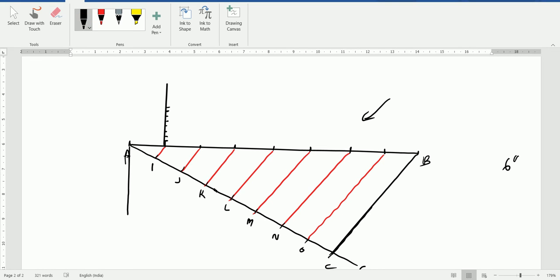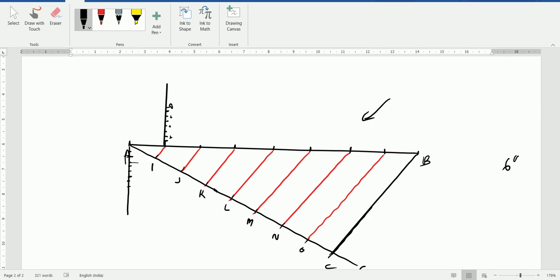Okay, and here also 1, 2, 3, 4, 5, 6, 7, 8. And you may number this, okay, 1, 2, 3. So the first one is 1, then this is 2, then 3, 4, 5, 6. The last one is 8.